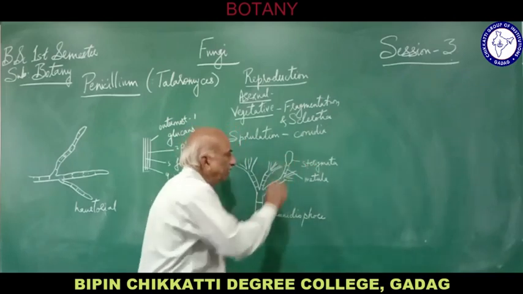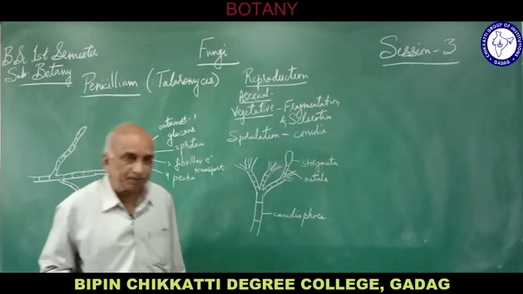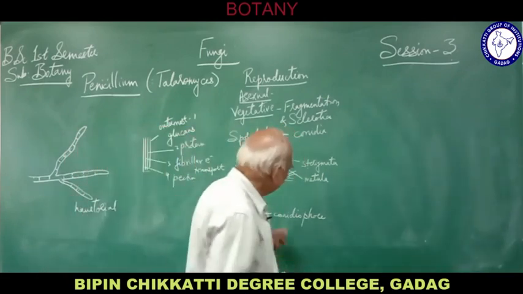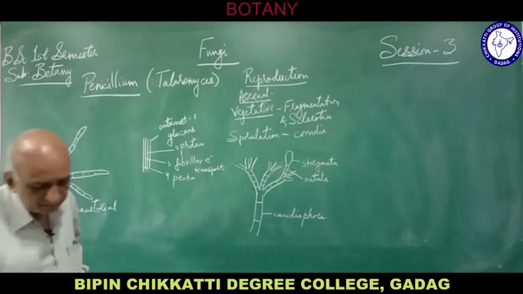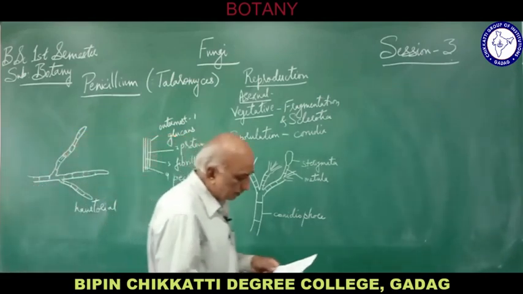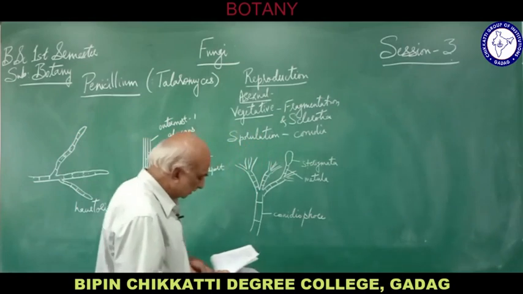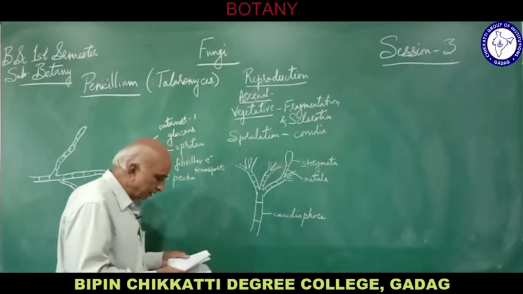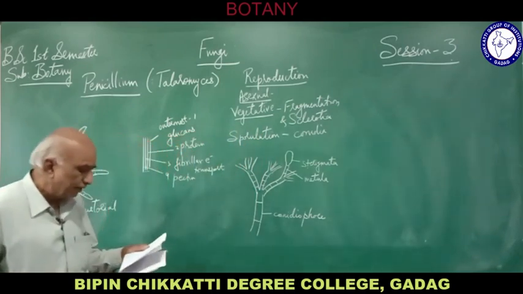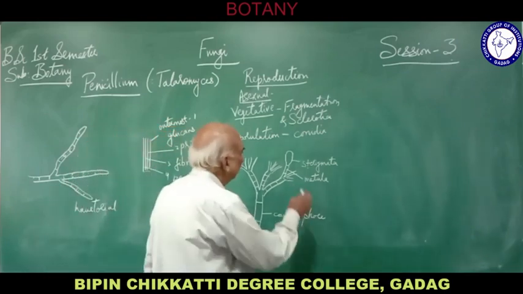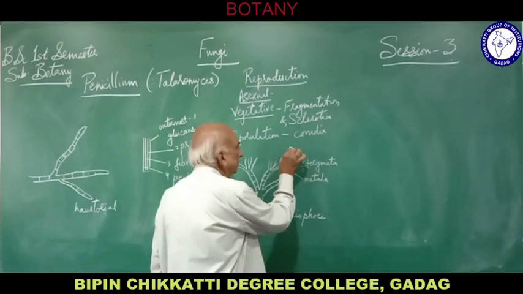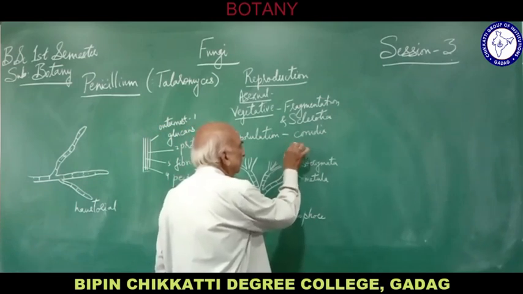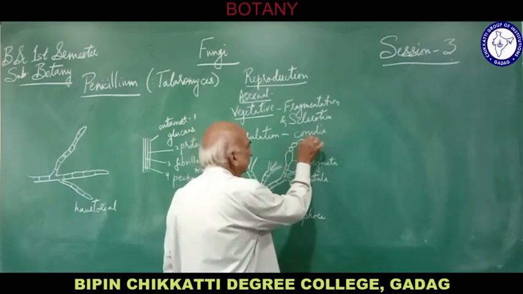So sterigmata are the terminal tips of the conidiophore, which are somewhat flask shaped structures. These flask shaped structures are called the sterigmata. The sterigmata are uninucleate, and they produce the uninucleate conidia in the form of chains like this.